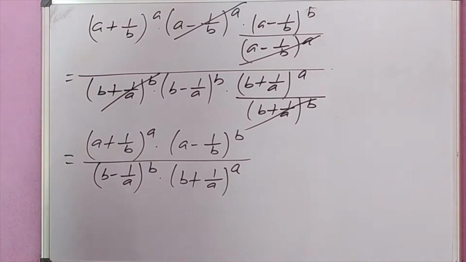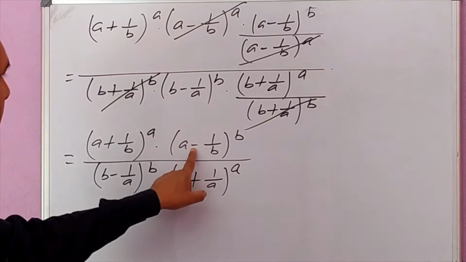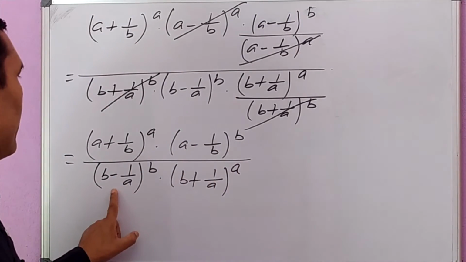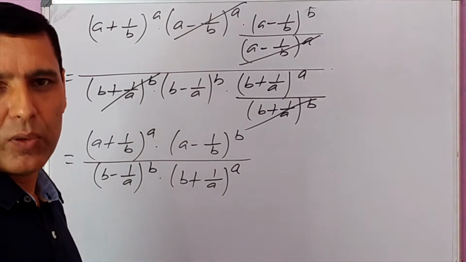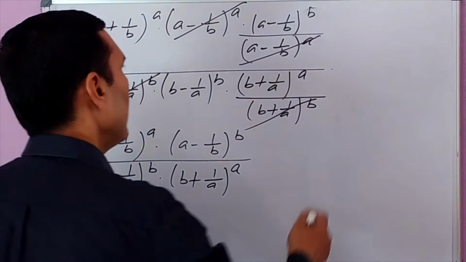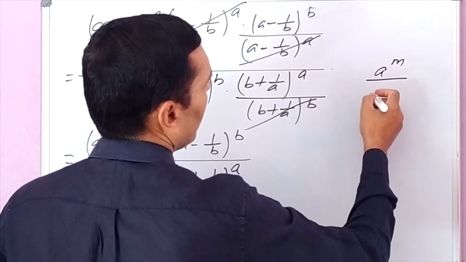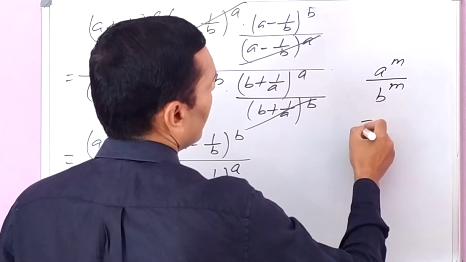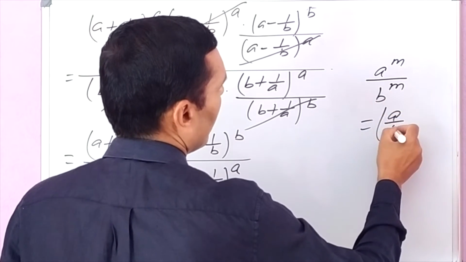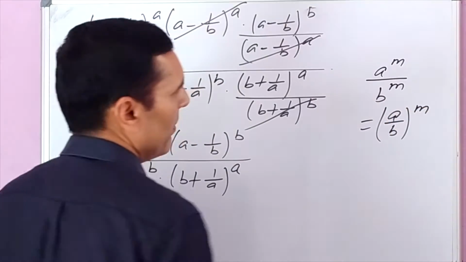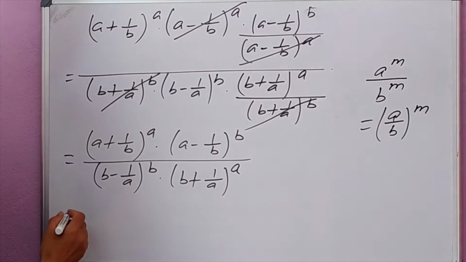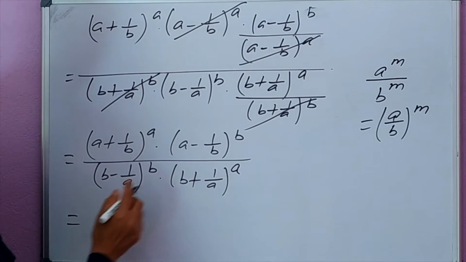Both have the same power a. And this a minus 1 upon b and this b minus 1 upon a also have the same power b. Again, following the same technique, if we have a to the power m upon b to the power m, we can raise the single power for a upon b to the power m.